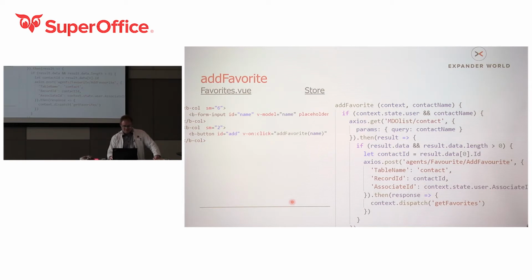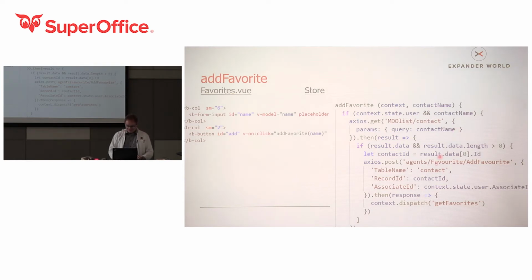And then we have addFavorite, a similar thing. You can fill in a name and call addFavorite. So on click, add the favorite with whatever you typed into the name field. I didn't have time to wire up an autocomplete function that would show you the list of matches and so on.